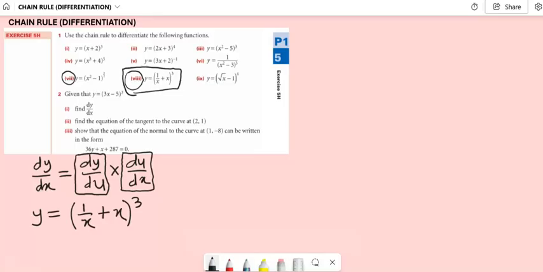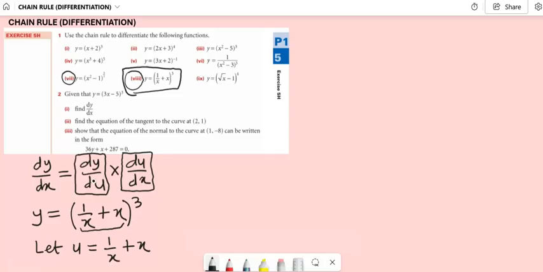In order to skip those steps of expanding, I can easily use u to represent 1 over x plus x. So I can say, let u be equal to 1 over x plus x.